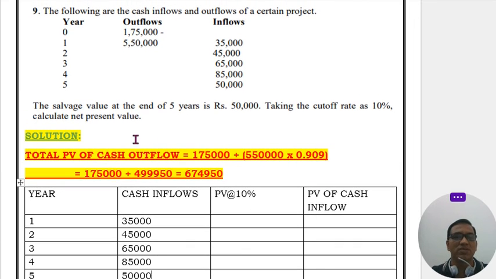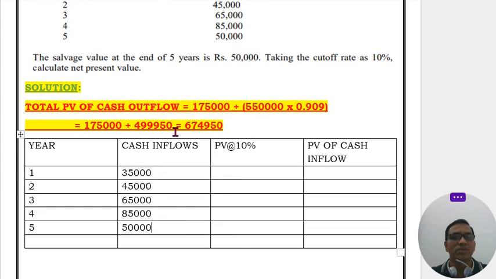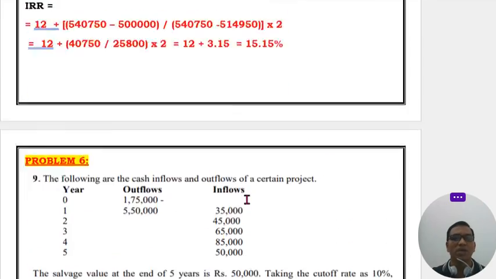I told you before also, salvage value, scrap value is also taken as a cash inflow. So that's why I took here 50,000 plus 50,000. What is another 50,000? That is salvage value. What about table values?